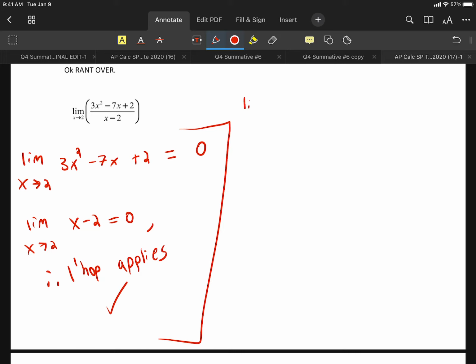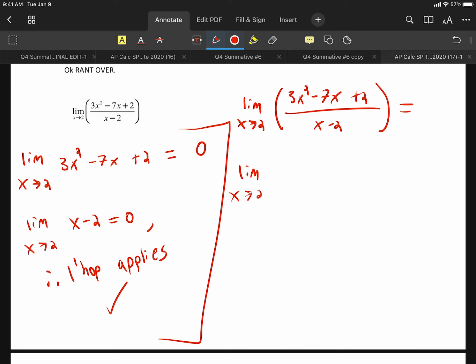Then I would say the limit as x approaches 2 of 3x squared minus 7x plus 2 all over x minus 2 is equal to the limit as x approaches 2. And they can tell you're taking a derivative. You don't need to actually say what you're doing here.